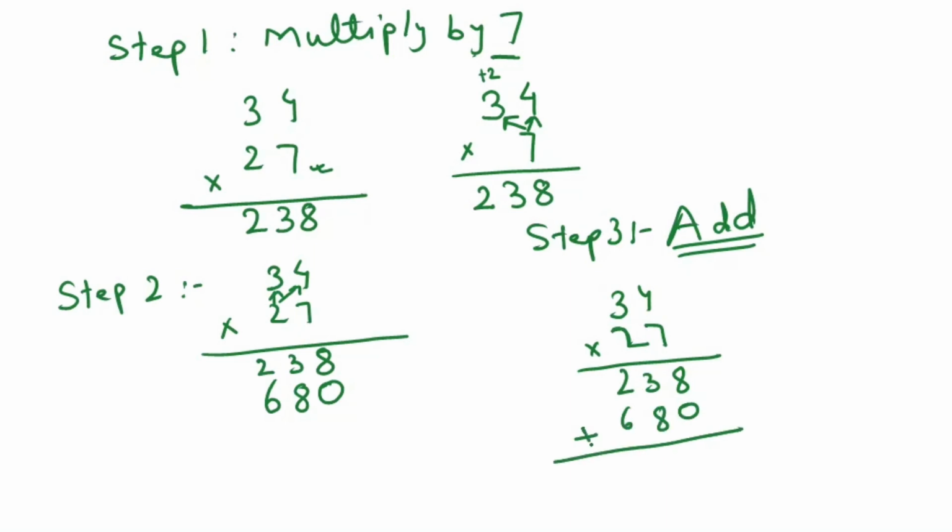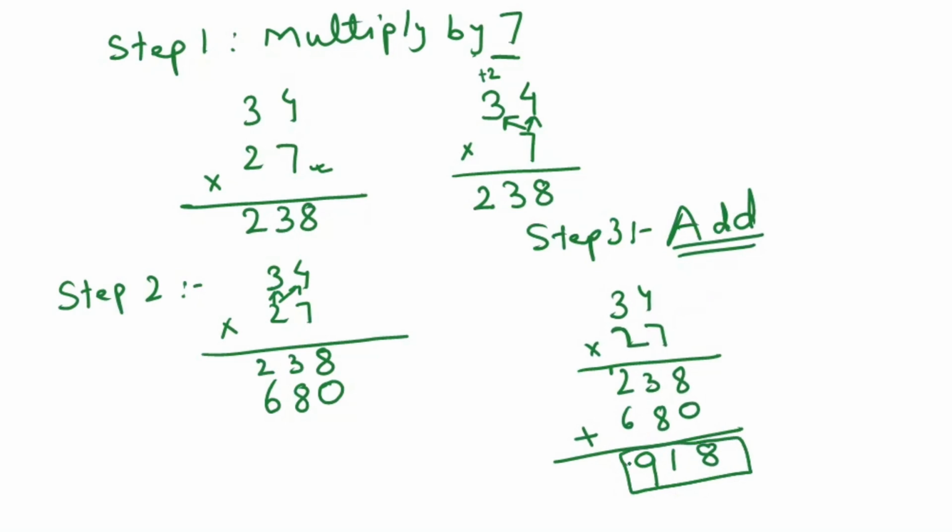What we have to do? We have to add it. 8 plus 0, it will be 8. 8 plus 3, it will be 11. 1 carryover will go here. 6 plus 2 is 8, plus 1, 9. This is the final answer.